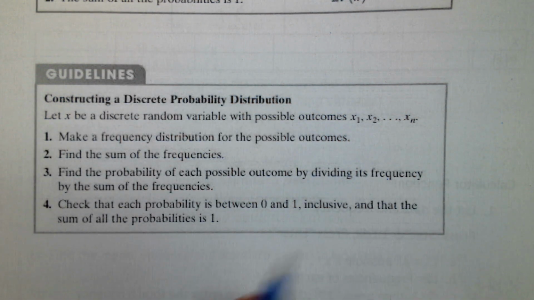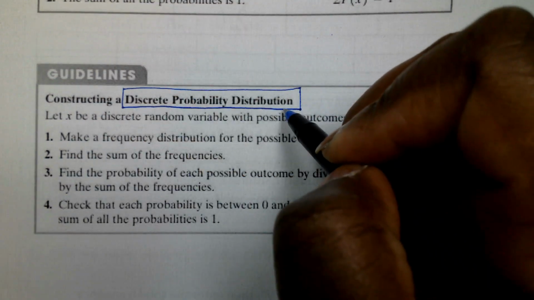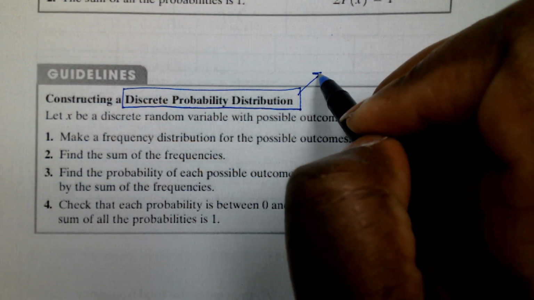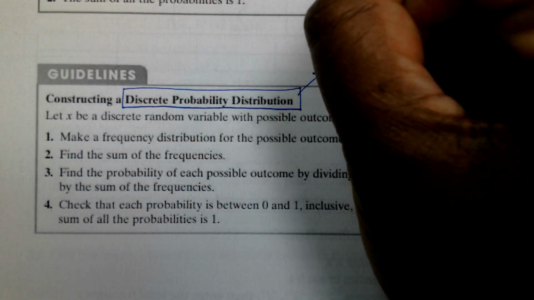It sounds so crazy, but discrete probability distribution is relative frequency. So this is that time where we are seeing the word relative frequency again.